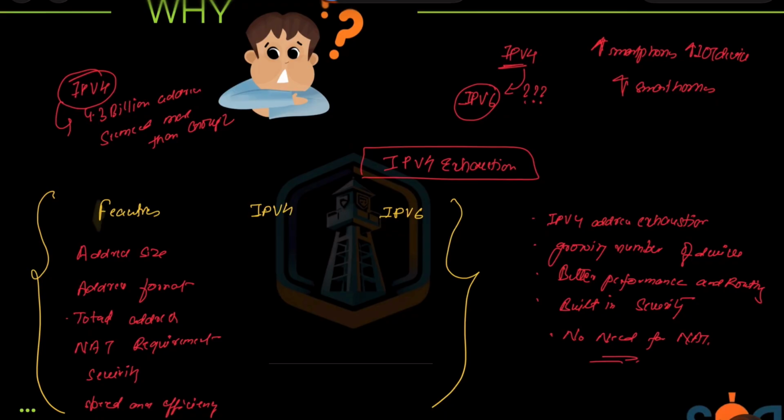IPv4 is 32 bits, IPv6 is 128 bits. Address format is written in decimal for IPv4, IPv6 has hexadecimal format. Total address is approximately 4.3 billion, and if we talk about IPv6, it's almost, I would say, unlimited.